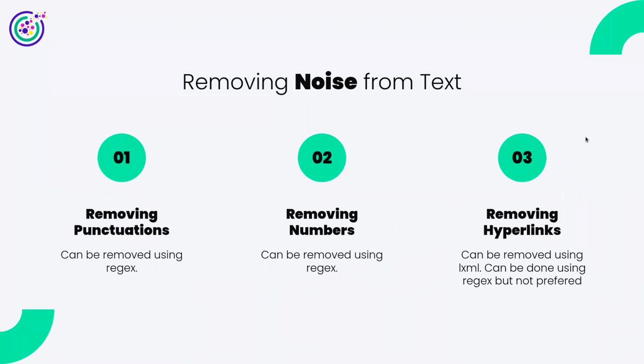And third is removing hyperlinks. Let's say you have a tweet with a link to a GIF or something. Maybe that GIF per se may have a positive or negative sentiment, but that URL itself doesn't contain that. So you can remove those hyperlinks, and in order to remove those, you can use the library called LXML.